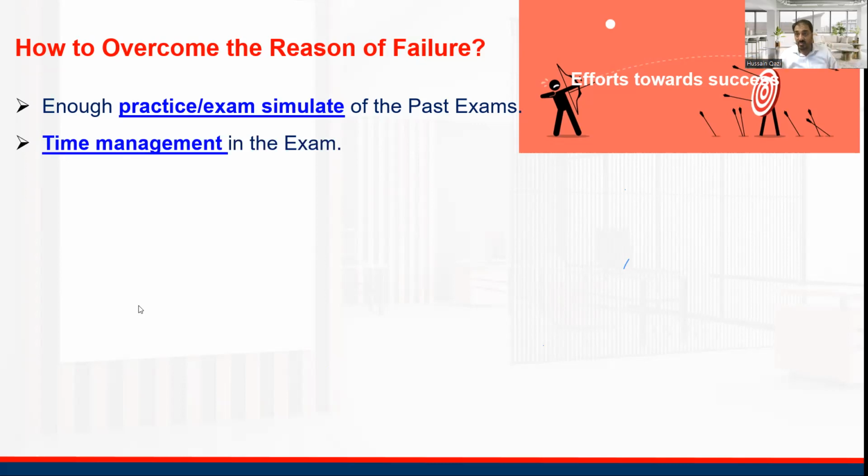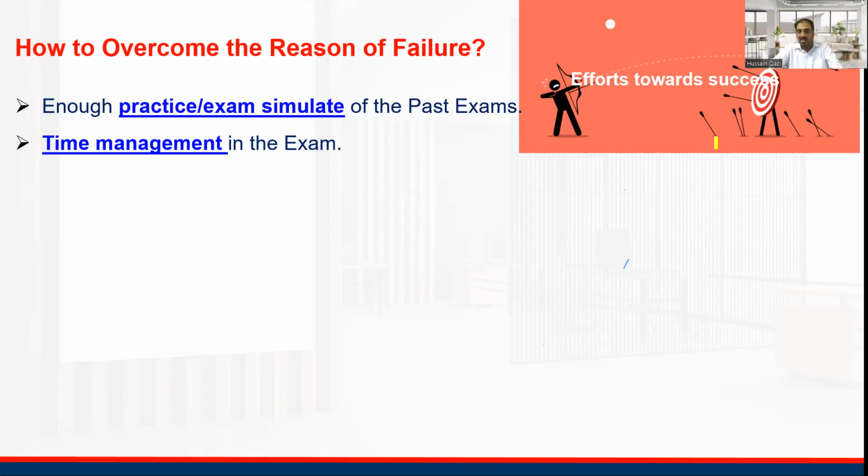Practice with time management means, for example, if I assign you one question of 20 marks, you multiply 20 marks by 1.8 minutes for each mark, so you have 36 minutes. Lock the timer. Assume you are sitting in the examination hall. Avoid all distraction, switch off your mobile.